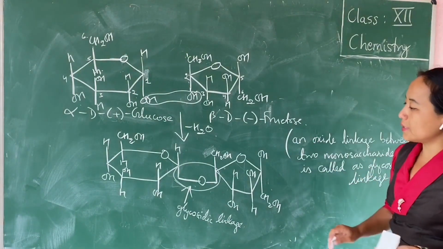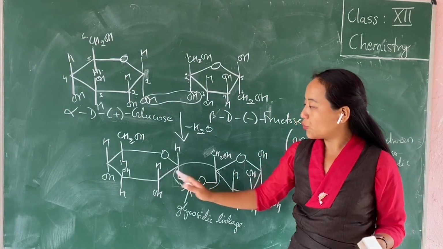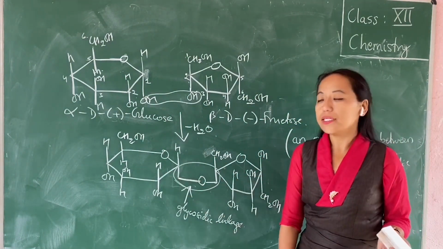Okay, you need to remember this. An oxide linkage between two monosaccharides is called a glycosidic linkage.